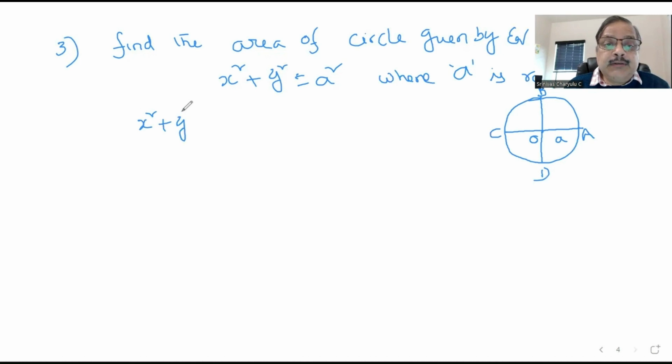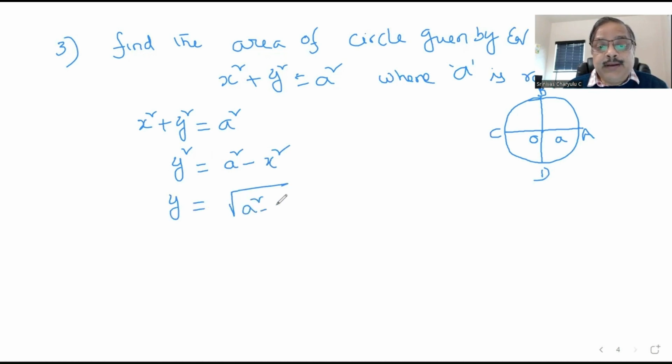x square plus y square is equal to a square. Okay. We have to now write down the expression for y square like this. So y is equal to root of a square minus x square. So you got the equation now for this circle to be integrated. In this integration, we have to put the boundaries. Now when you are finding the circle area, this area we are finding, correct?